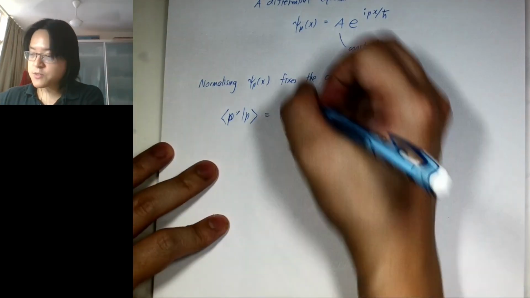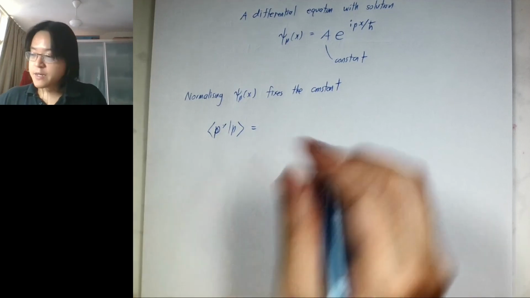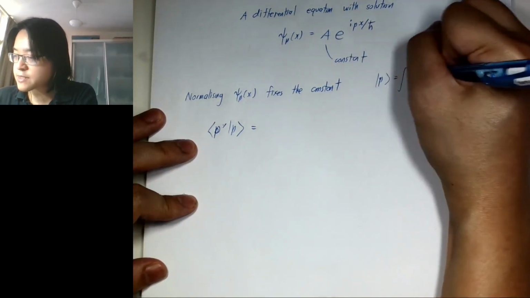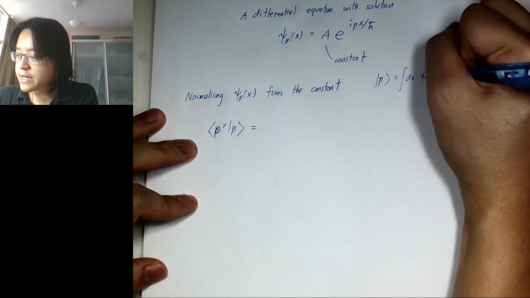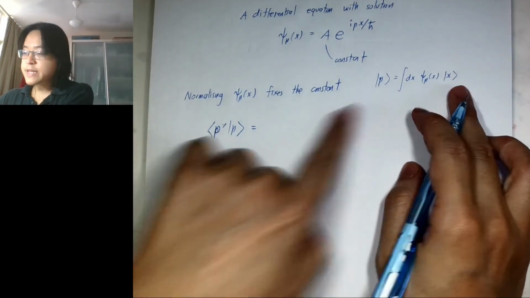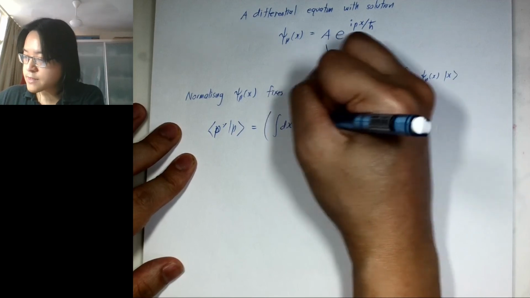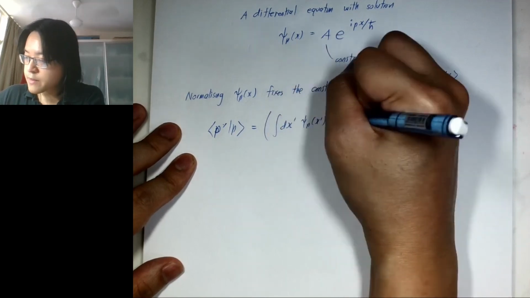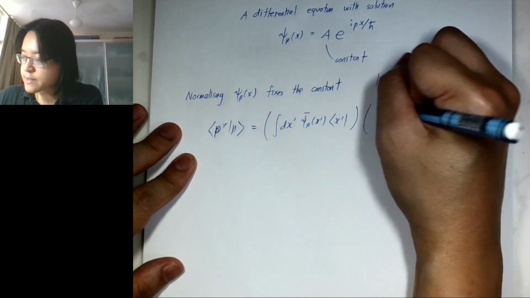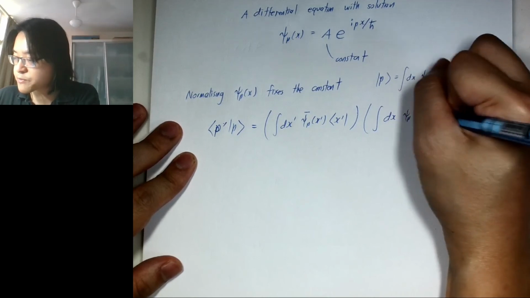Okay, so the p vector, remember what p was, right? Let me write here to remind you guys, this is the integral dx, and then this is the eigenstate in terms of x, right? So if I take the bra, it's going to be this bra, psi p prime x prime complex conjugate, and then times the eigenstate p again, but without the primes.